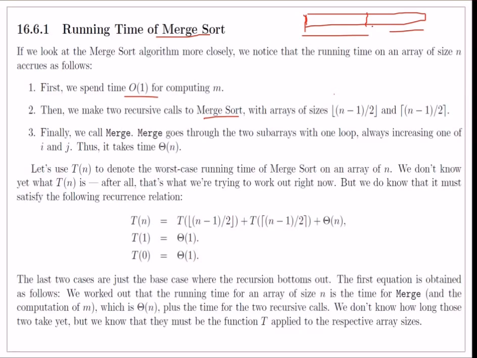So half and half we divide. So this was the computation, this is the calling, and the major part is the merge. Actual work is done here. Merge goes through 2 subarrays with one loop, always increasing one of i and j, but this takes order of n time.